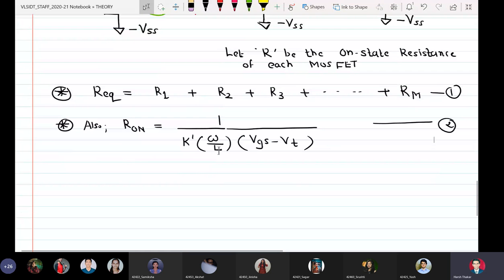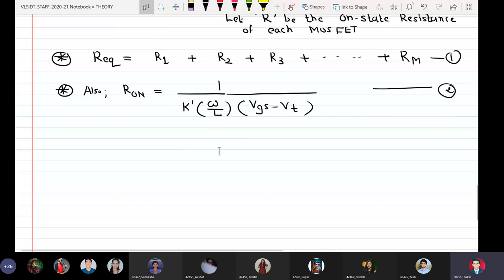So we have equation number 1 here, and equation number 2 here. We can write this term in equation number 2's RHS, replacing R1, R2, R3 up to RM.